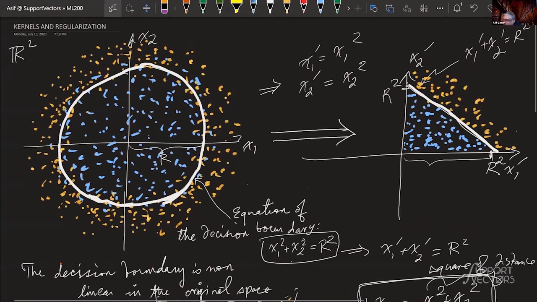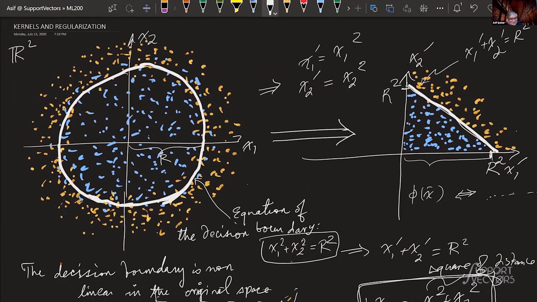For this one, the phi of x. Actually, why don't I leave this as an exercise? Because this is one of your very basic exercises in the math. I don't want to give out the solution right away. I'll let you find out. How do you do this? I'll let you do that.